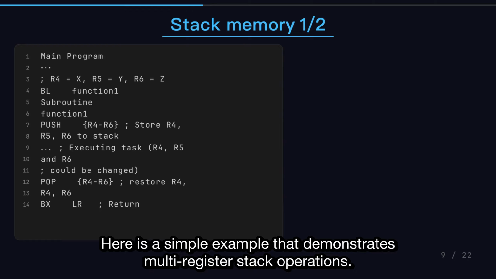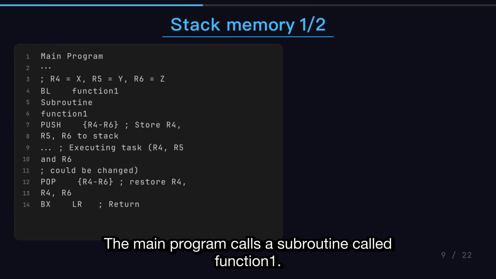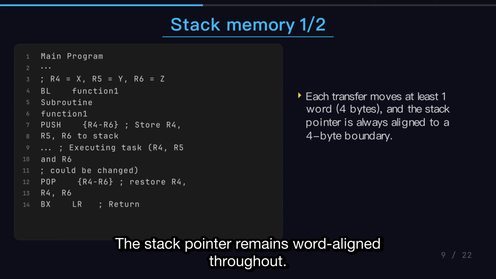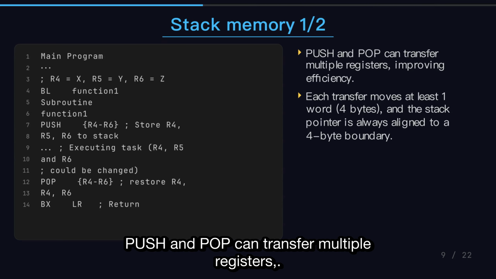Here is a simple example that demonstrates multi-register stack operations. The main program calls a subroutine called function1. Because each register is 32 bits, each push or pop transfers exactly 1 word. The stack pointer remains word-aligned throughout. PUSH and POP can transfer multiple registers.